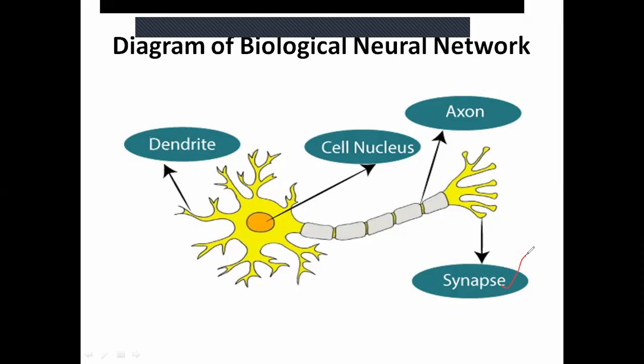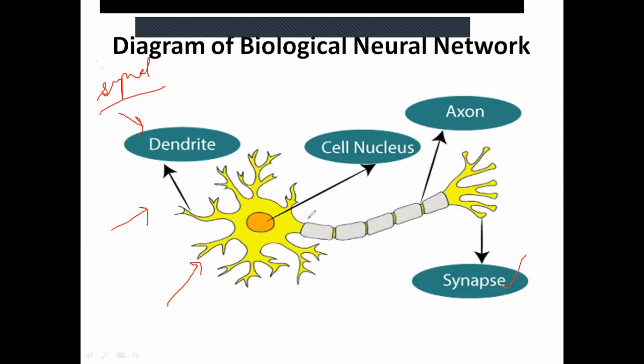Now again, taking the example that you are touching something, the signal from your hand is going to the brain, to a particular neuron. In a neuron there is a tree-like structure, and the input is received by these dendrites. Whenever that signal comes, it is received by this tree-like structure called the dendrite.